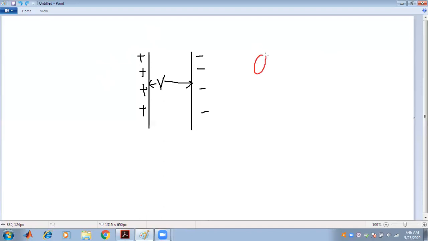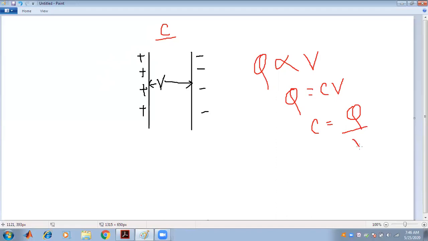So we can write that the charge accumulated in the capacitor is directly proportional to the voltage difference between the two parallel plates. If I omit the proportionality constant, we get a proportionality constant called C. This proportionality constant is known as capacitance, and it is given by Q by V.